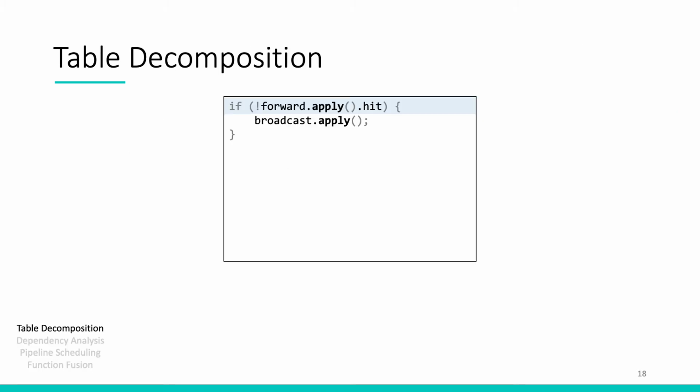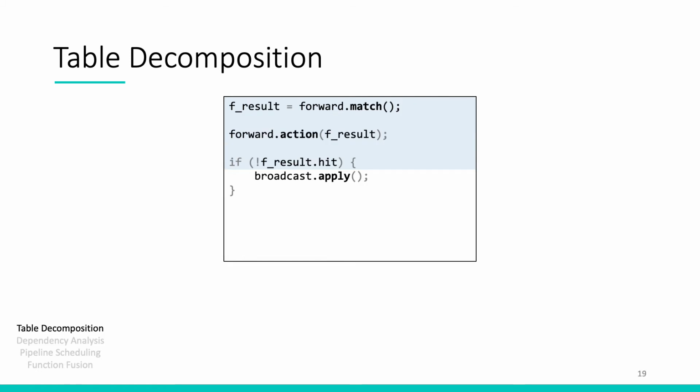At first, I'm going to explain table decomposition with the previous example. The compiler decomposes the table call into a match call and an action call. Here, the match result of forward is used in the action and the if statement, so the compiler introduces a variable f_result to contain the forward match result.